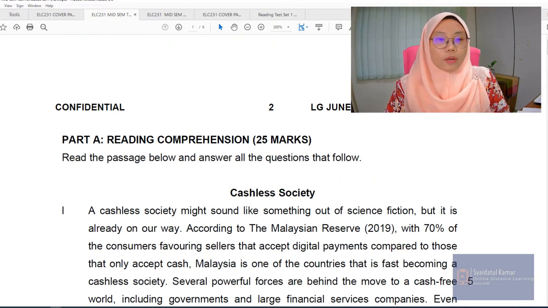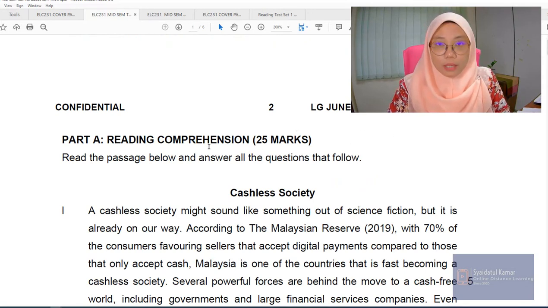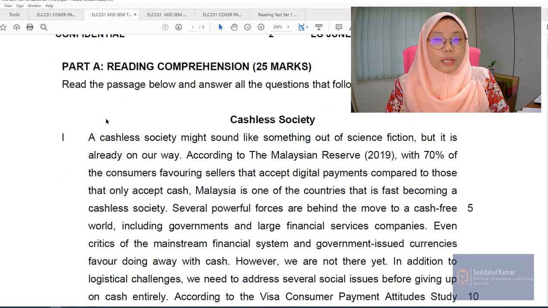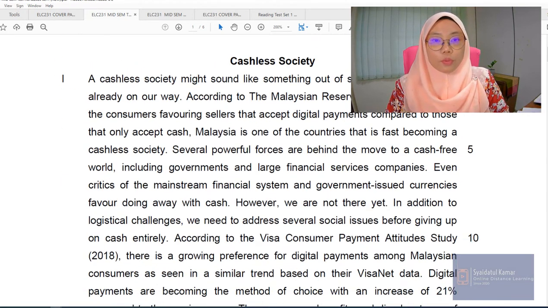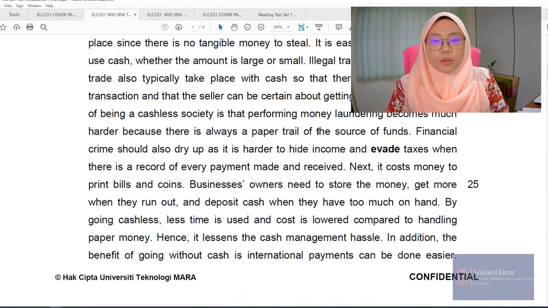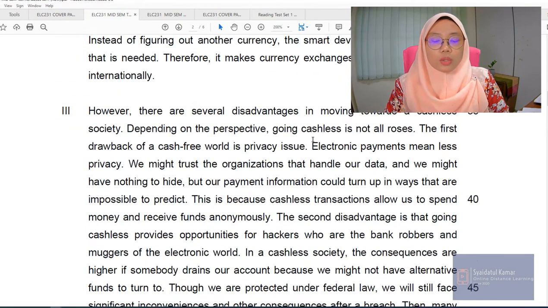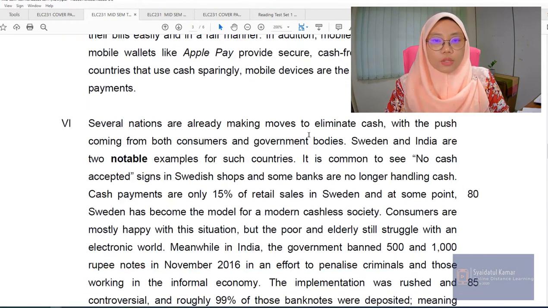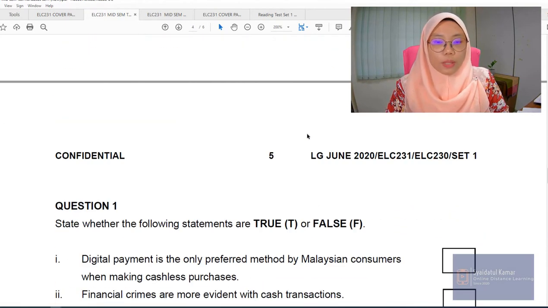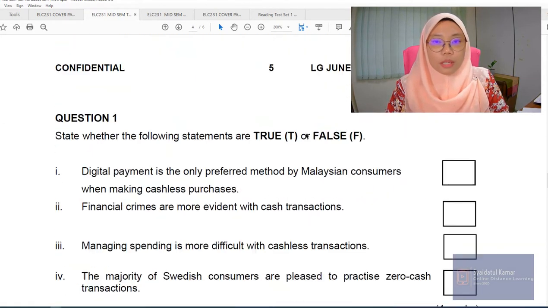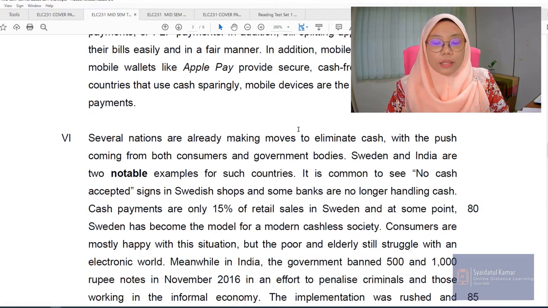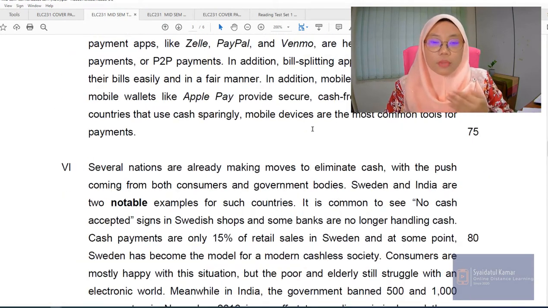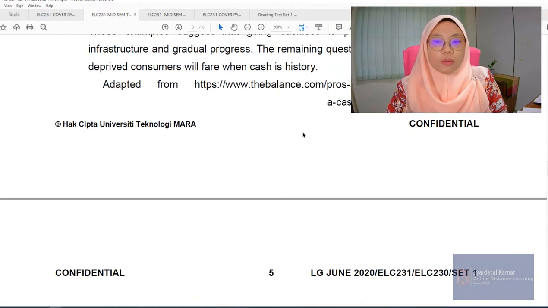Reading comprehension, 25 marks. There is one article that you have to read, and the article is about two pages to 2.5 pages. Read all of the questions, and read all of the article. Take your time, read everything slowly.